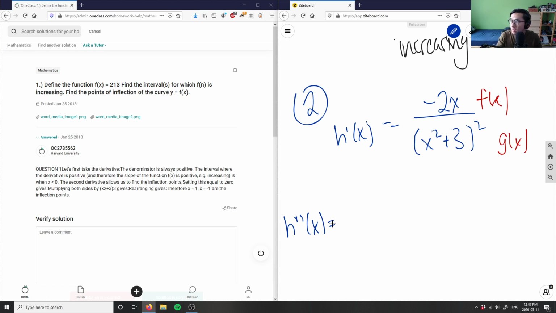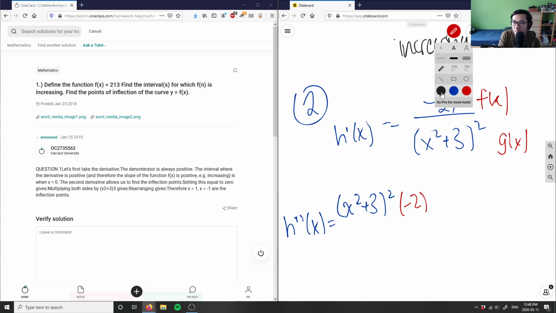So this would equal, I have first g of x, so I have x squared plus 3 squared multiplied by f prime of x, which is -2, and then I'm going to minus the derivative of this guy here.